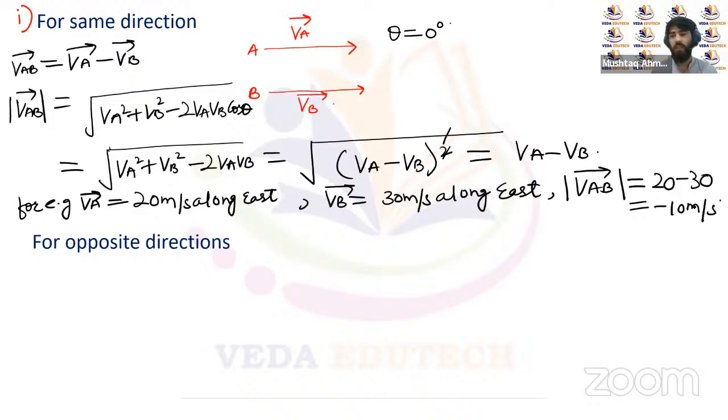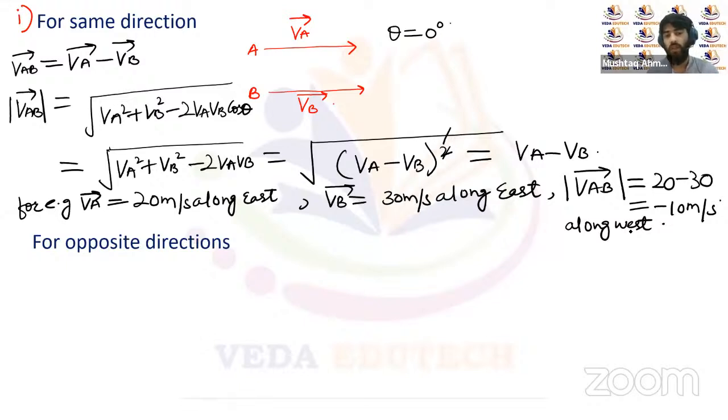The minus sign here means that it will be along west. So 10 meter per second will be the magnitude of the relative velocity between VA and VB.